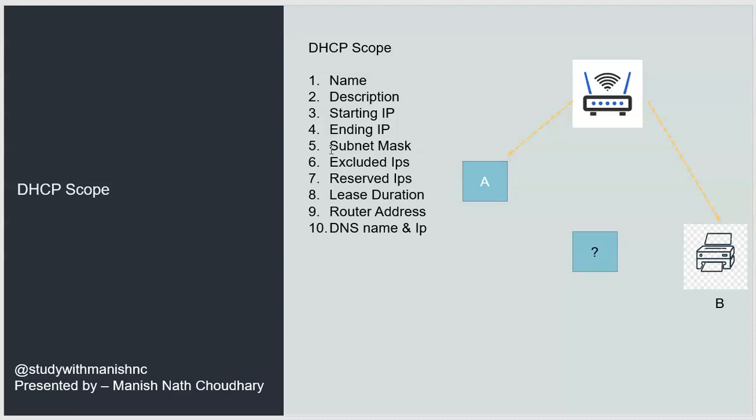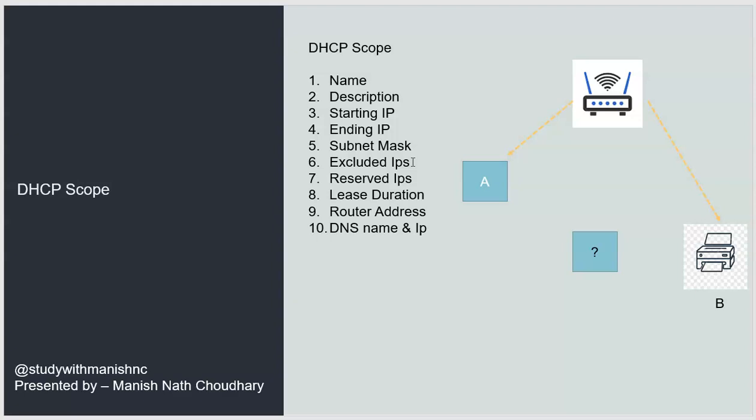We will understand in the next slide what subnet masking is. Right now, this is one of the pieces of information inside the DHCP server. Excluded IP means a few IPs which are always excluded, which are not given to any particular system.